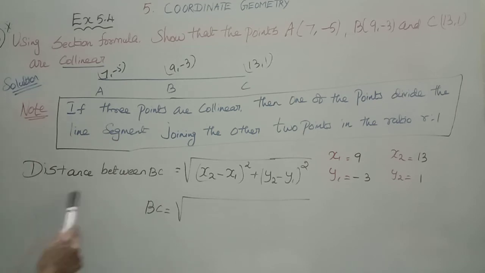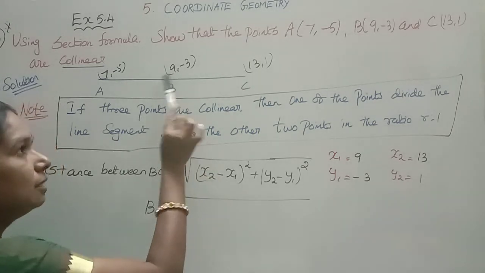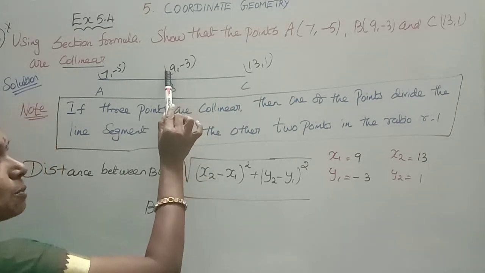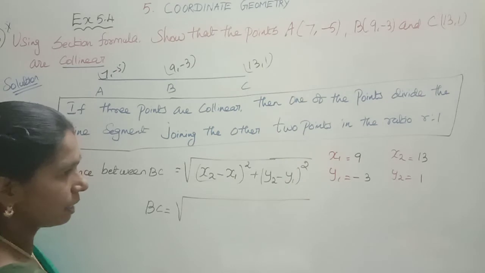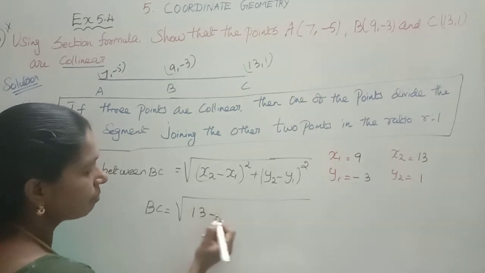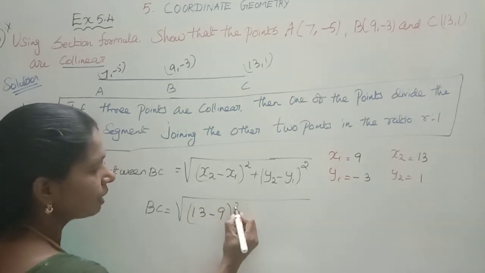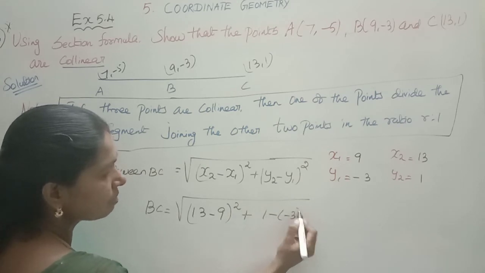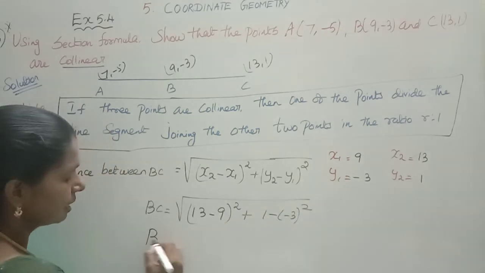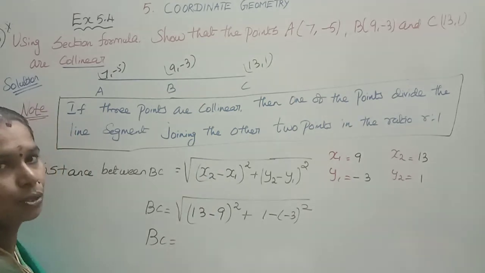Now distance between BC equal to, now this becomes x1 y1 x2 y2, same formula, x2 minus x1 the whole square plus y2 minus y1 the whole square. Now x2 13 minus 9 the whole square plus y2 1 minus of minus 3 the whole square. I need this BC to find the ratio r:1.